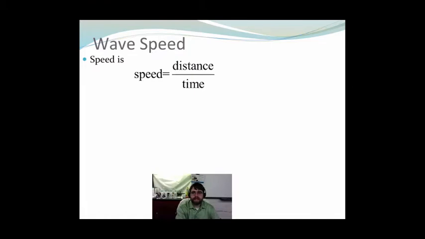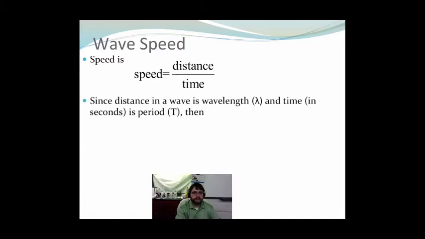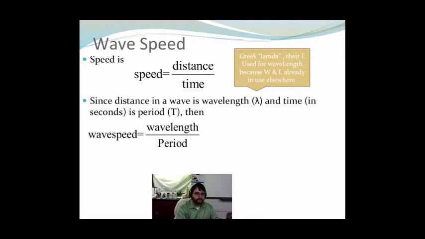Anyway, since speed is distance divided by time, for waves we measure distance with something called wavelength. It's abbreviated with this upside down y, which is the Greek lowercase letter lambda. And since time is measured as period in seconds, we get the wave speed formula: wave speed is equal to wavelength divided by period.